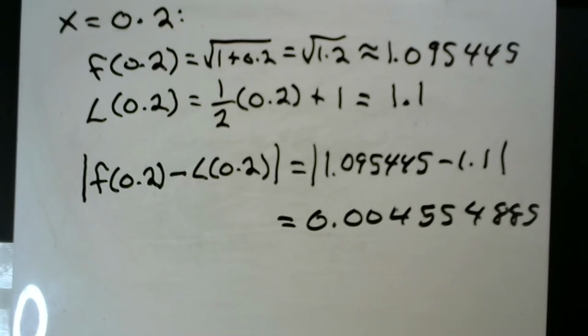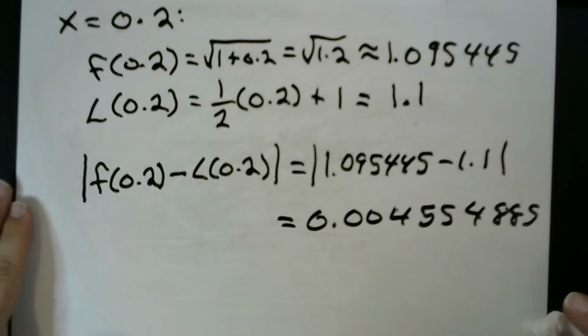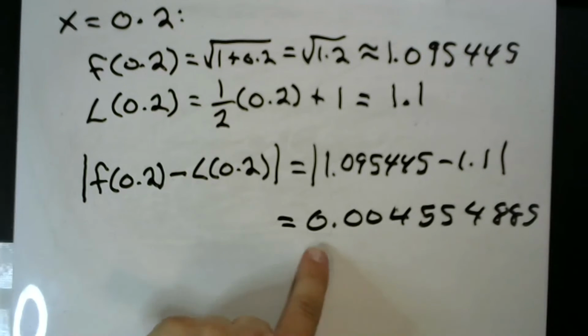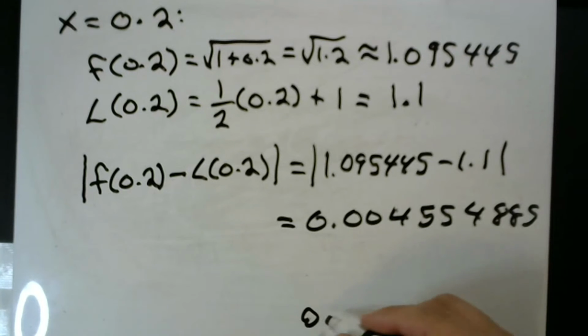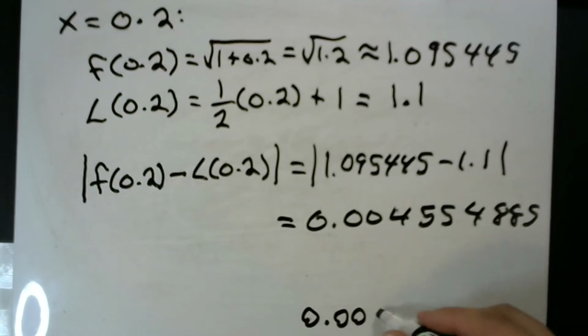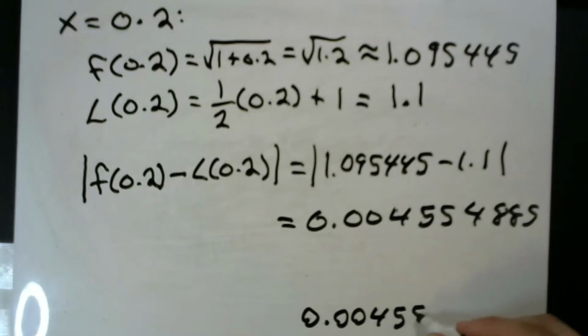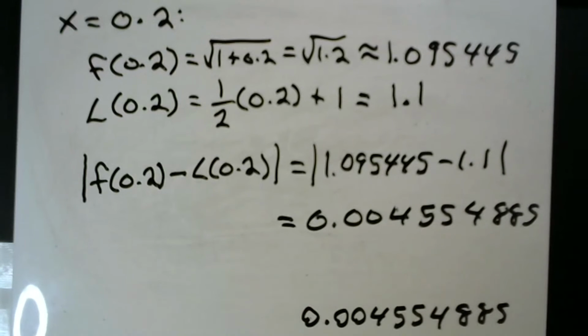Now, let's take a value of x that's even closer to 0. Let's go with 0.005. And let's see if we can improve on this. So what I'll do, I'll write this down here. This is how far off the approximation was when x is 0.2.